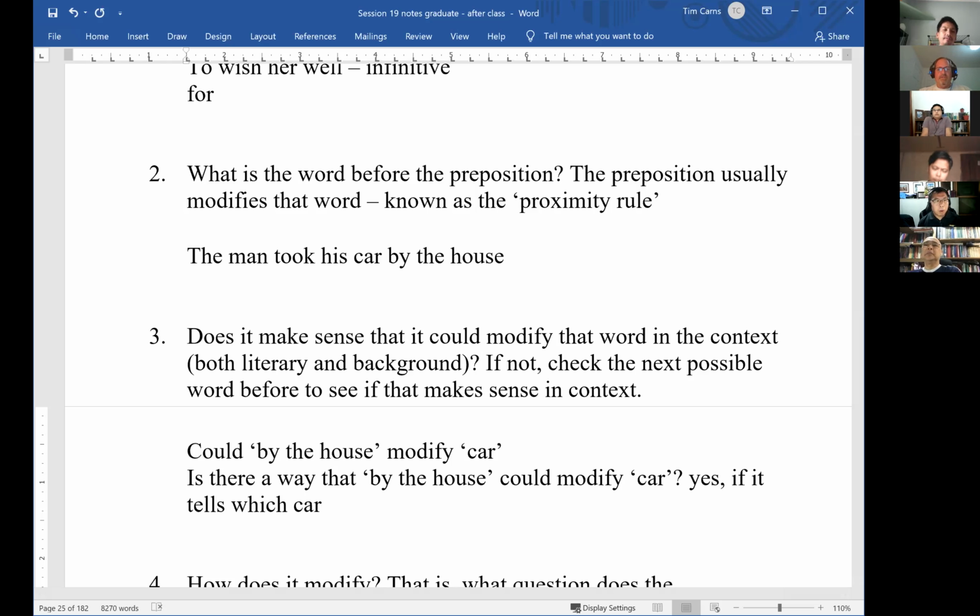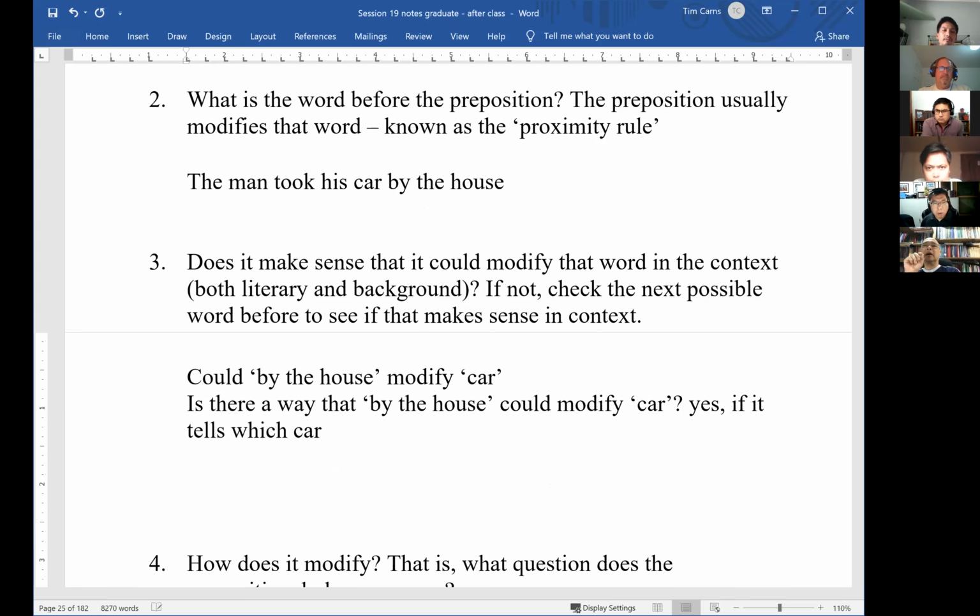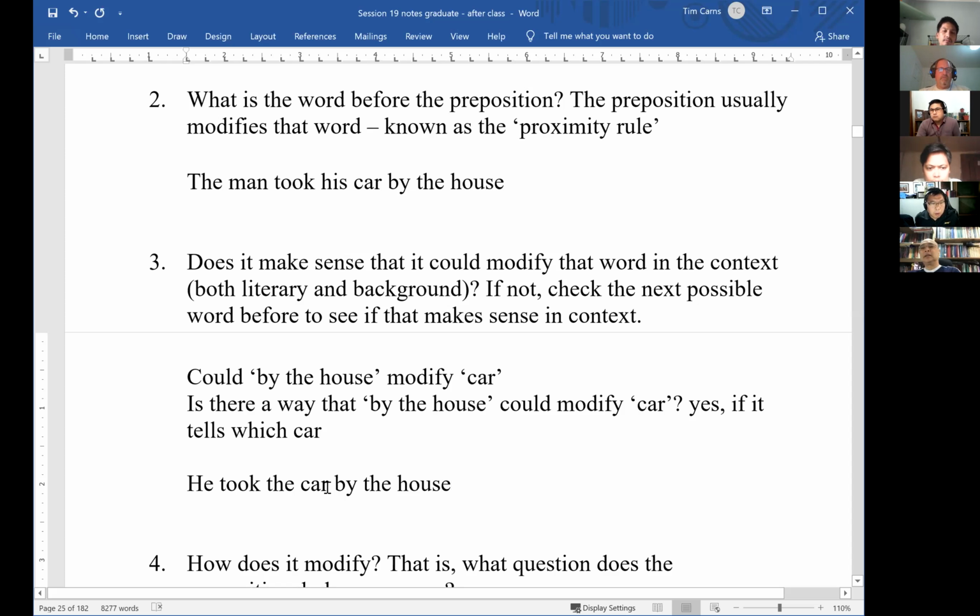Yeah. All right. Tim, I think maybe it would be clearer if the sentence was "he took the car by the house" instead of "he took his car by the house." Then it tells us what car, the car that was by the house. Yeah.